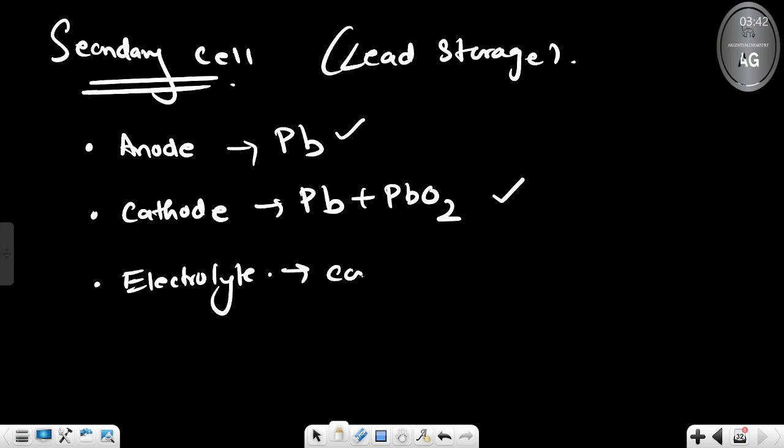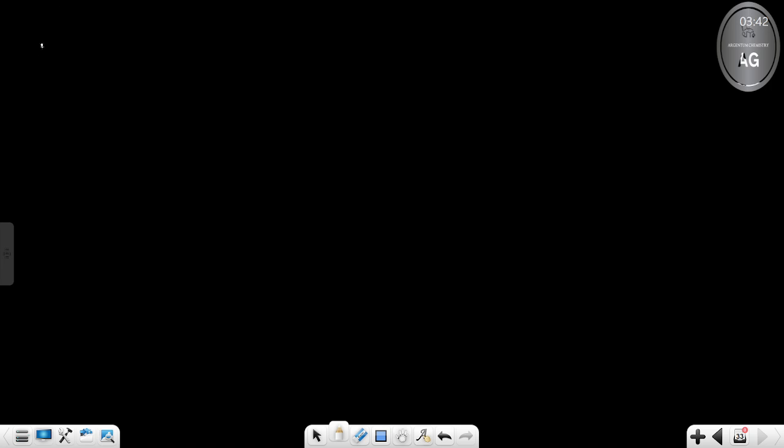The electrolyte solution is concentrated H2SO4. Please remember that H2SO4 will be consumed on discharge and reformed on recharge. Generally, the reactions for this are not asked, but two cases will come up: one is discharge and one is recharge.